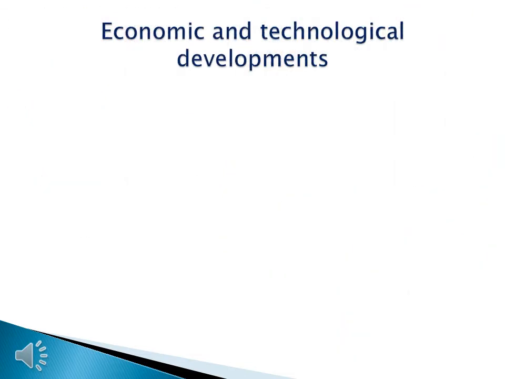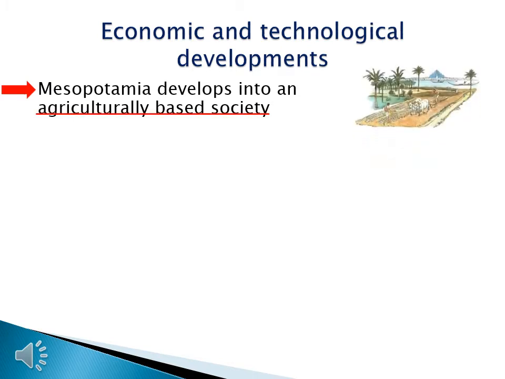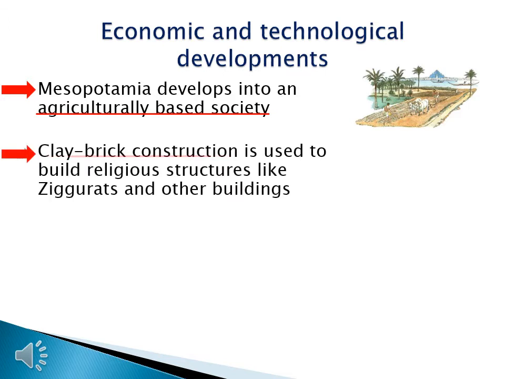Let's start with the economic and technological developments in Mesopotamian civilization, and it should surprise no one that Mesopotamia develops into an agriculturally based society. We've reached the end of the Neolithic Revolution. We have pretty much perfected farming up to this point, and now we are going to build a society around agriculture. So everything you're going to see in Mesopotamia from this point forward is based on an agriculturally based society. For example, we're going to use clay brick construction. That's basically digging clay out of the ground, forming it into bricks, and building buildings.